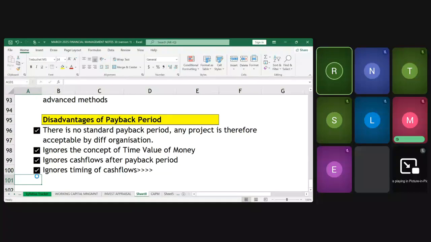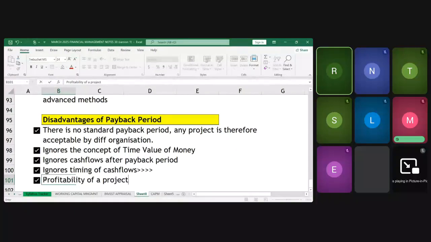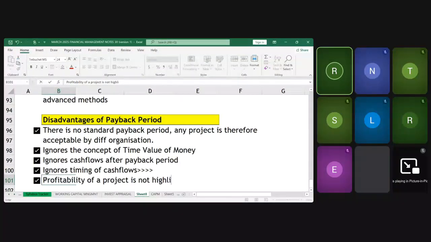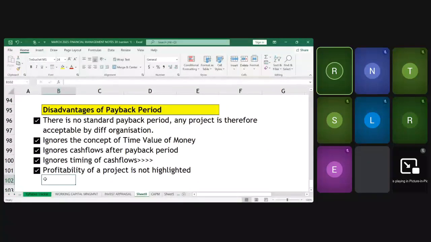Right. Next item is that profitability of a project is not highlighted. So if we are to take a project just because it's paying back our money early, that is not the mindset of an investor.